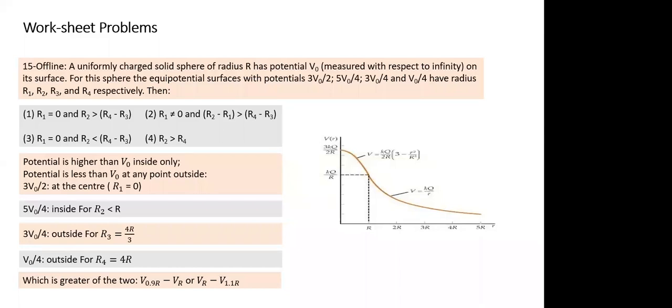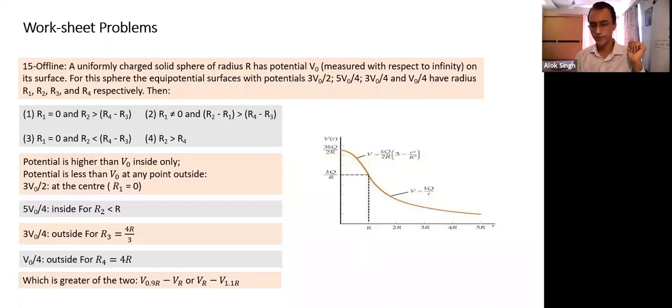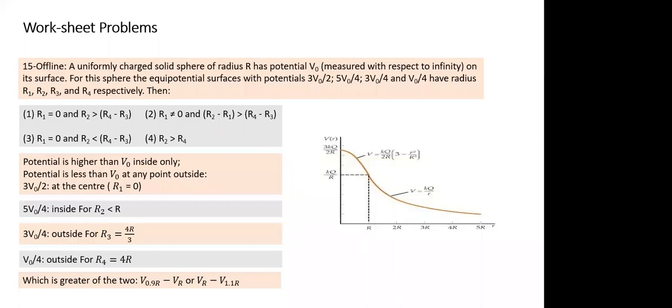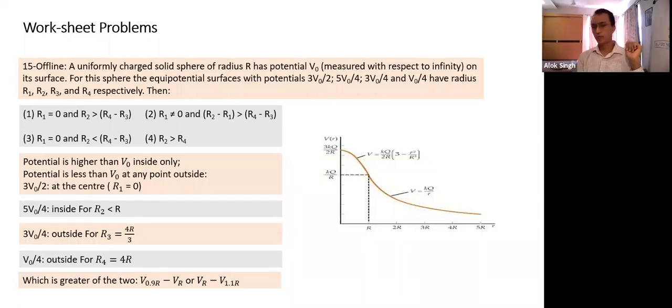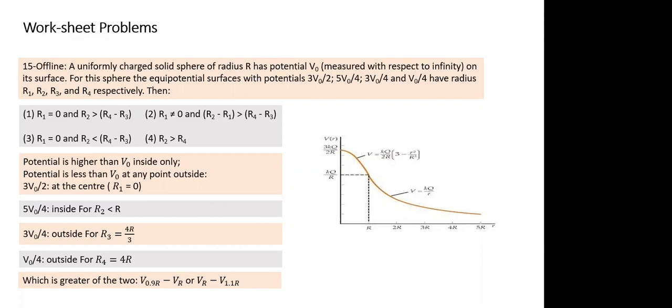Sir, V at 0.9 R minus V at R. Correct. How did you get that one? Because outside it varies in inverse proportion, right, sir? Correct. Basically, if the field drops more rapidly, the potential drop will be flatter. So somehow we can get that also.